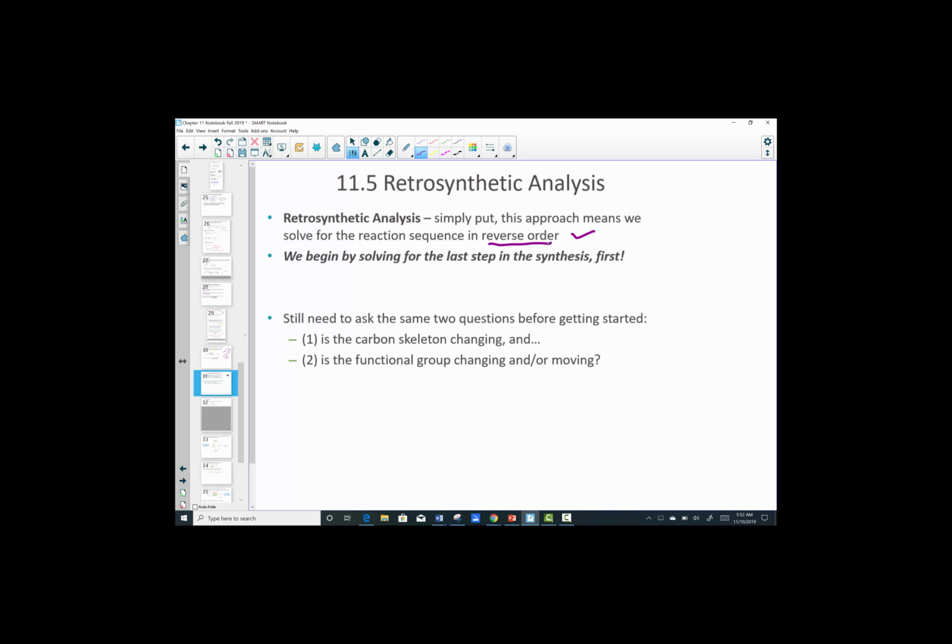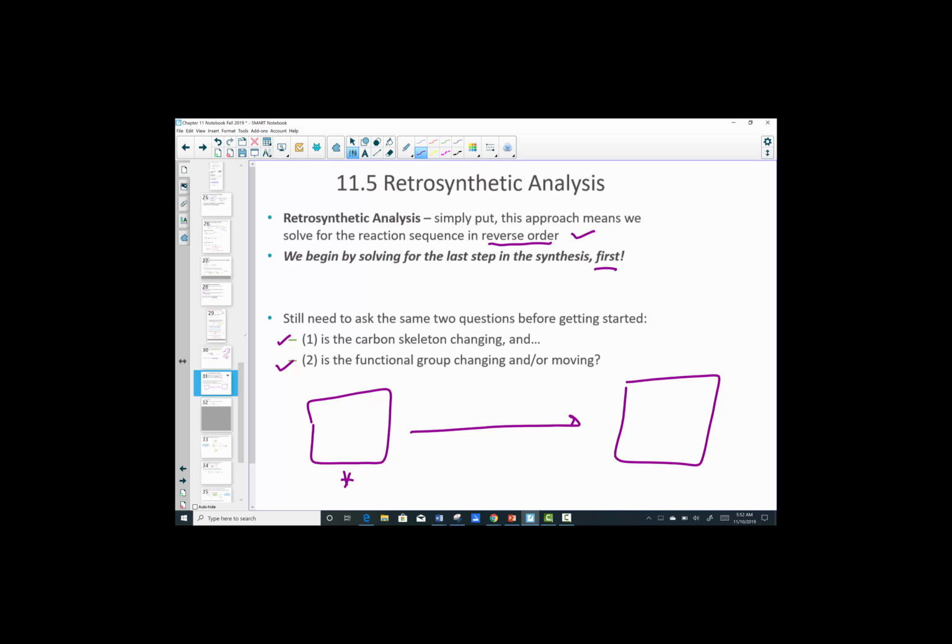So we begin by solving the last step in the synthesis first, and still ask yourself the same 2 questions. Is the carbon skeleton changing, and is the functional group changing and or moving? Same key questions, but instead I have this reactant and this long arrow and I'm given a product.